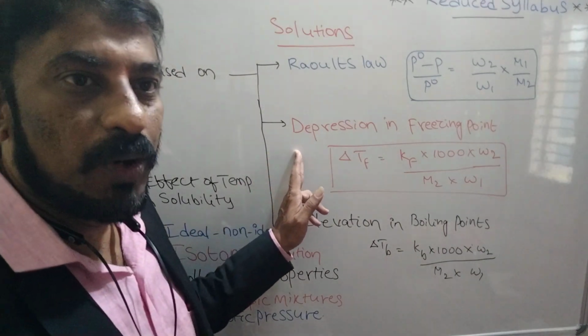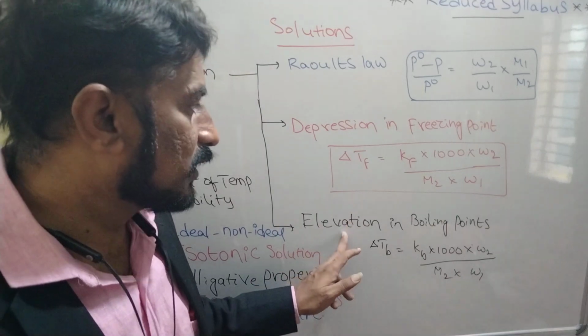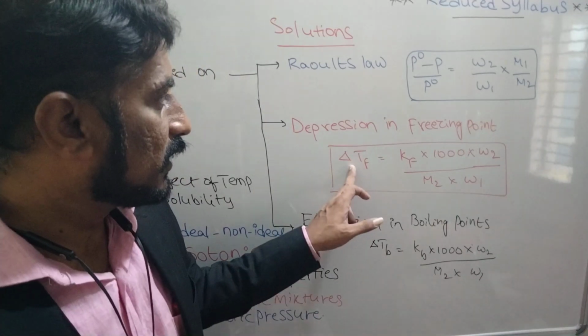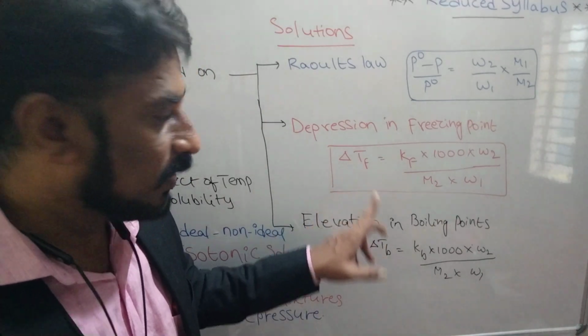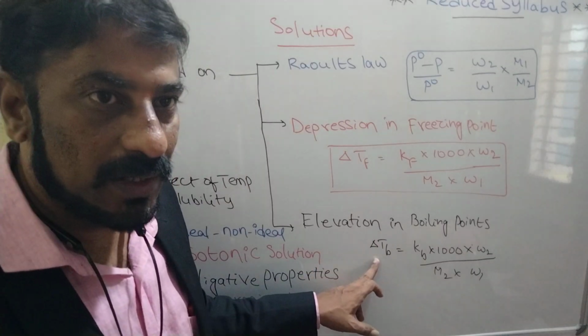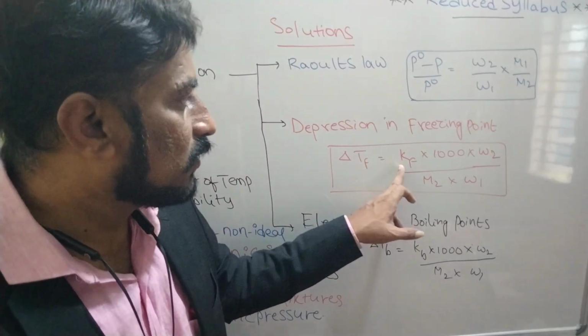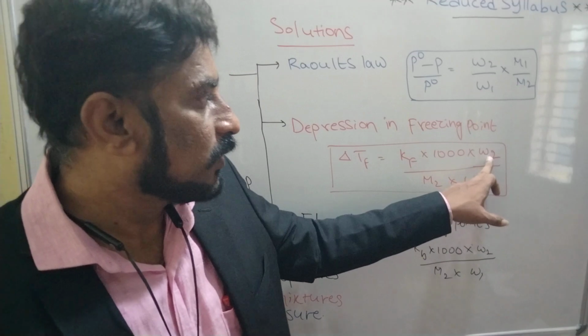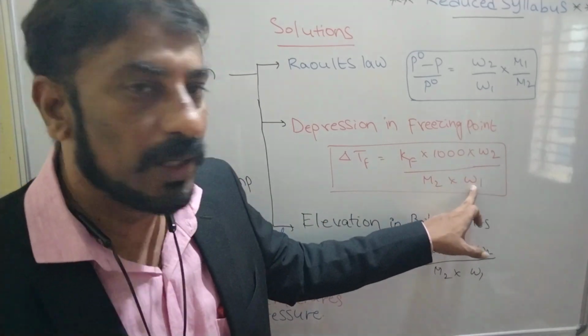After that, the second chance: depression in freezing point or elevation in boiling point. Depression in freezing point is delta Tf, elevation in boiling point is delta Tb. Delta Tf is equal to Kf into 1000 into W2 by M2 into W1.